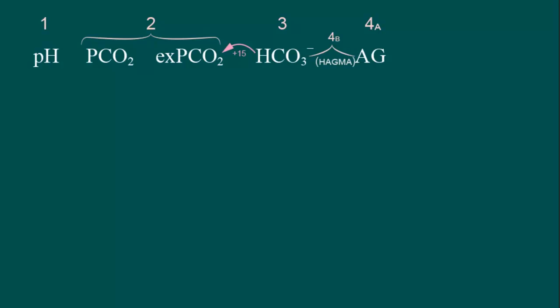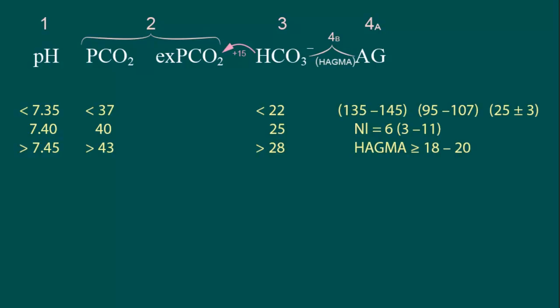First step is looking at the pH, see if you're acidemic, alkalemic, or neutral. Step 2, we look at the PCO2 and the expected PCO2 to understand the respiratory component. For step 3, we look at bicarb alone, and that gives us our net metabolic status.